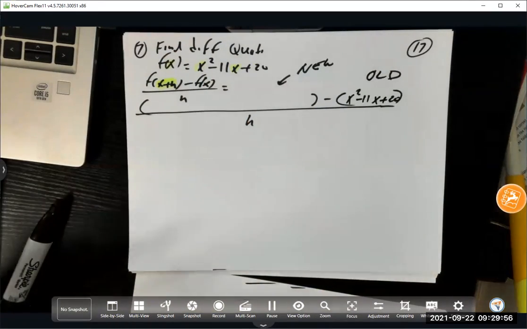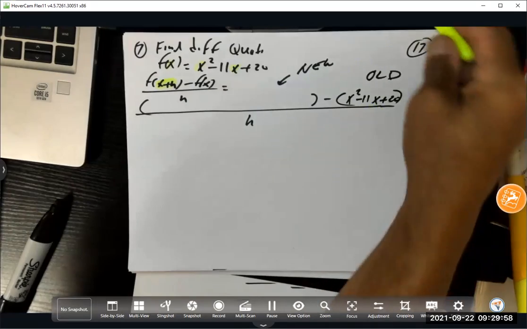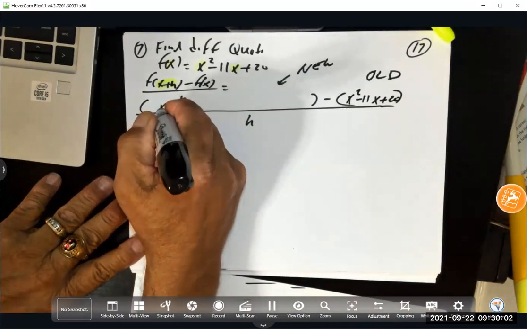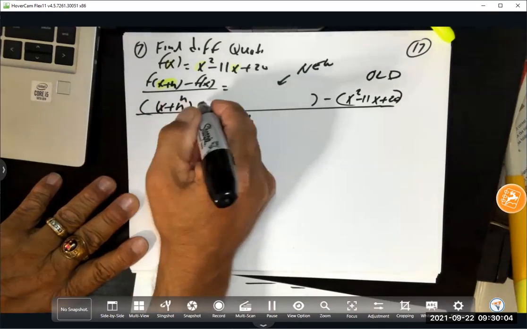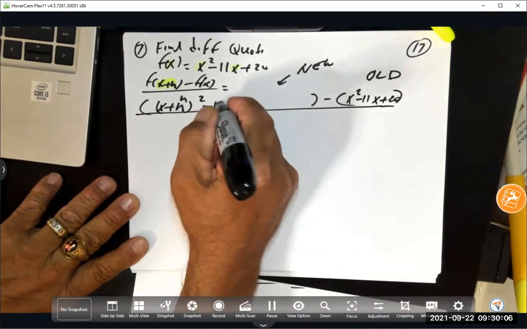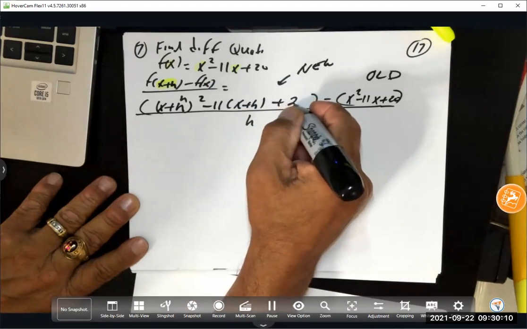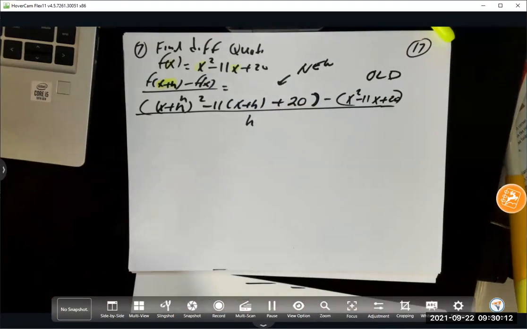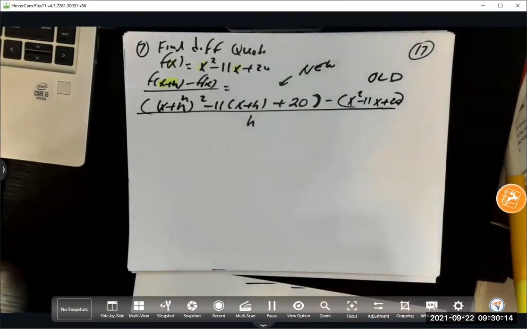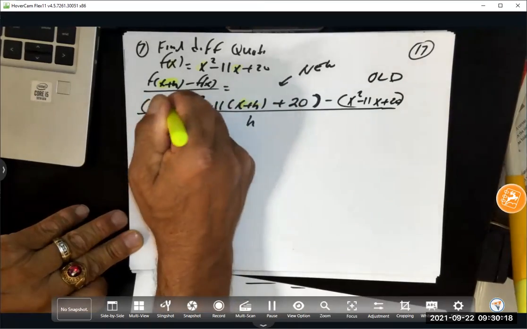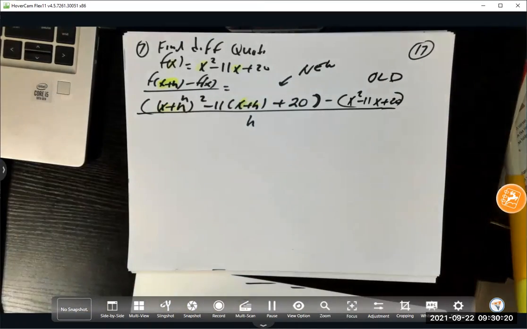Okay, so the new one is not going to be just x squared and x. It's going to be harder stuff. It's going to look like this. It's going to go (x plus h) squared minus 11 times (x plus h) plus 20, like this. Okay, so the new one has all this new business right here.